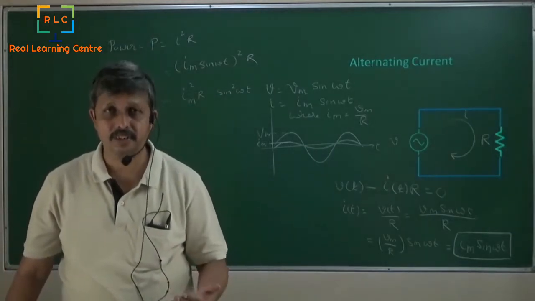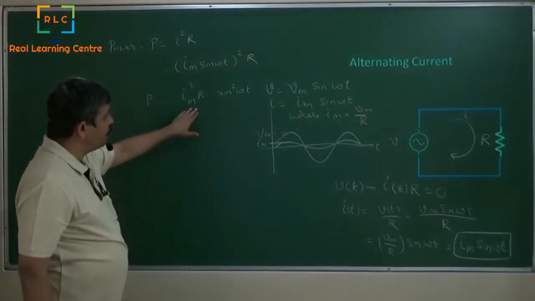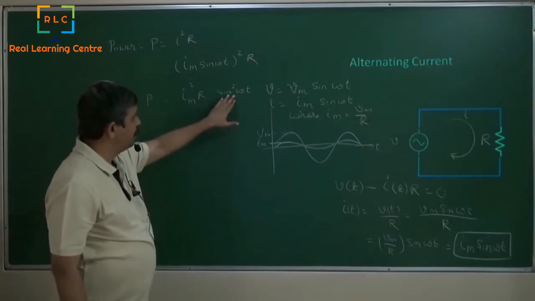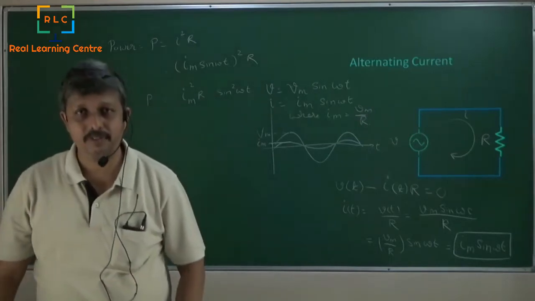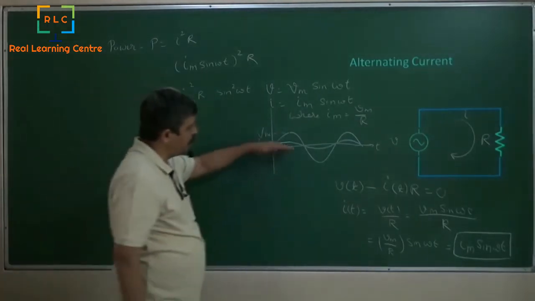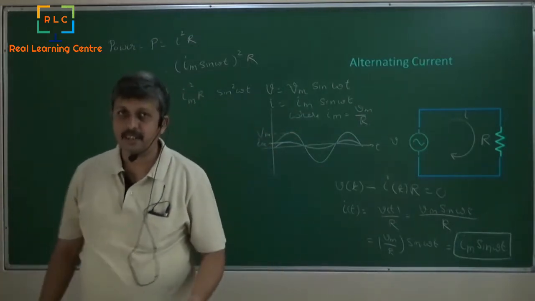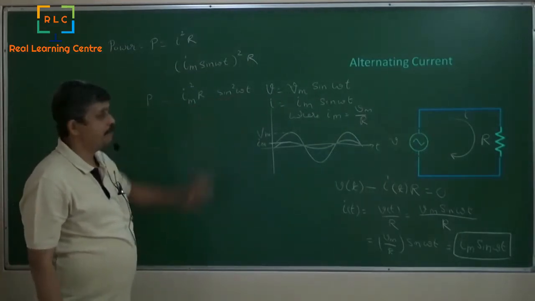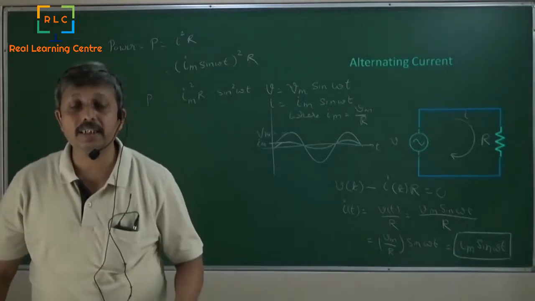One thing we can see very clearly here is that this power is not negative any time. Power always is positive. Whether the voltage is positive or negative, in any case this is always positive because this is a square term, and a square term is always positive. So that is the value of the power.